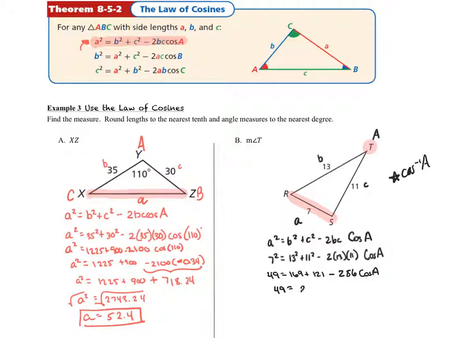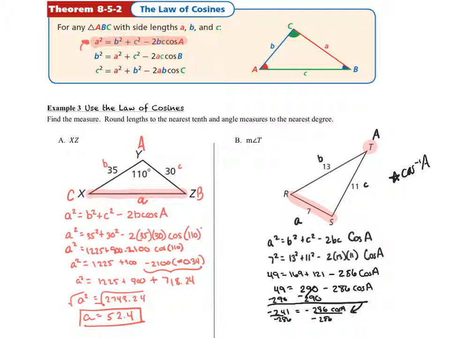So 49 equals 290 minus 286 cosine A. Since I'm solving for cosine A here, I can subtract 290 from both sides. I get negative 241 equals negative 286 cosine A. Divide by negative 286, divide by negative 286. 241 divided by 286 equals 0.84.